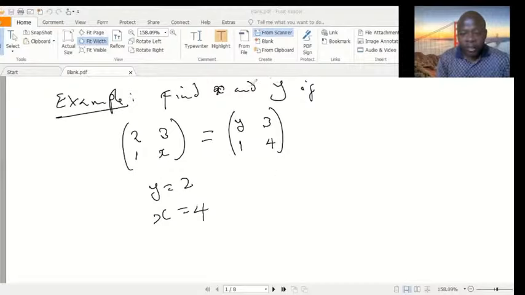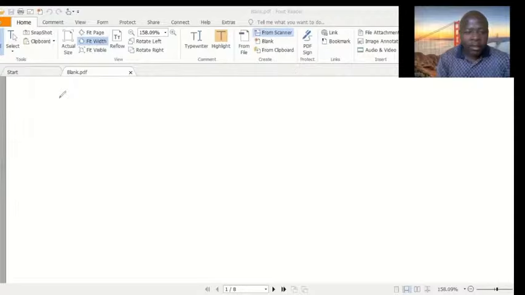Now, these are simple things and we already know them. So I'm just reminding ourselves on some of them. When do we say that matrices are equal? Now, the other thing that I want us to remind ourselves is, how do we add matrices? Addition of matrices.